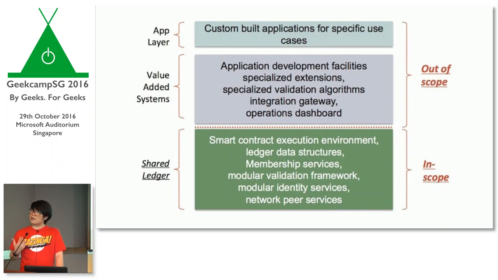Membership services is part of it, which allows you to connect with whatever authorization mechanism that you need or want, using CA, certificate authority and all that. Validation framework, identity services, and so on and so forth, network peer services.